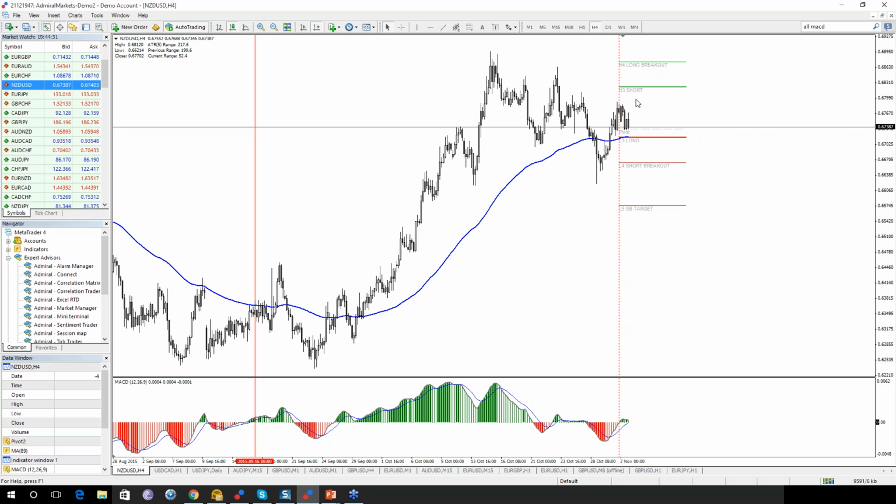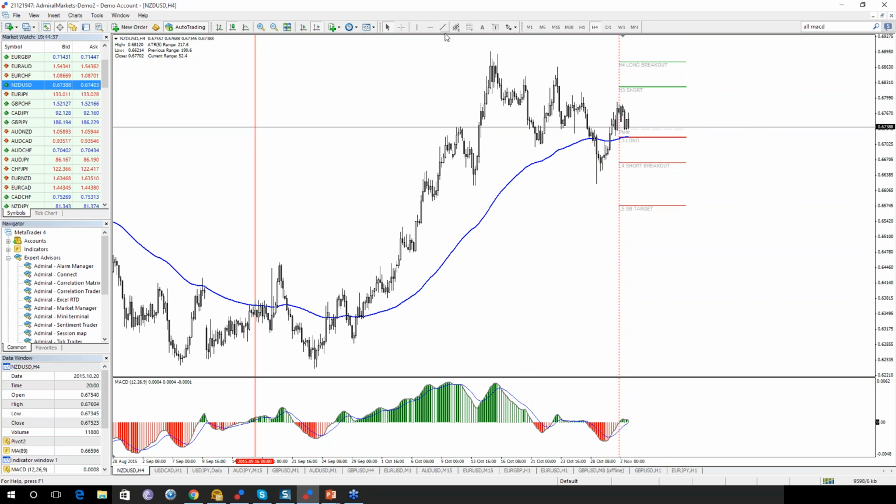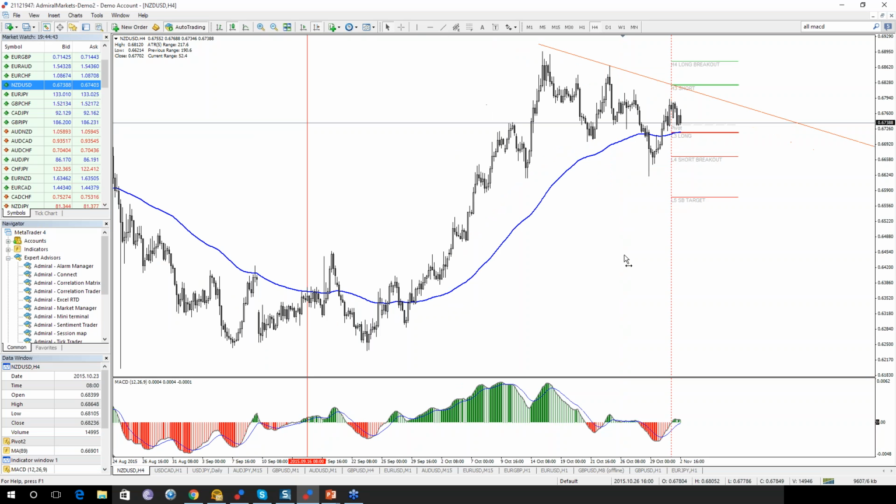And okay, so New Zealand dollar. My outlook is still the same. I'm still looking short from this, because overall it looks like it's resisting this region here. And even we have a trend line here.